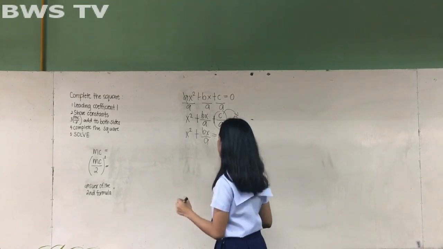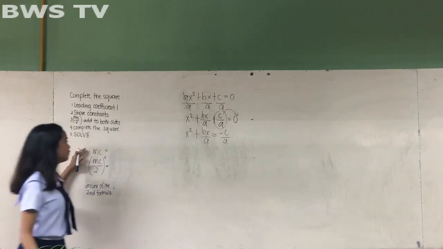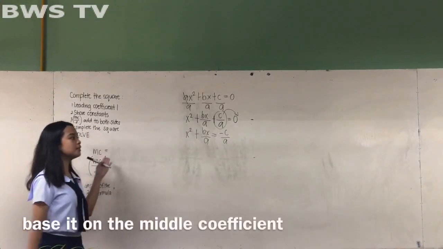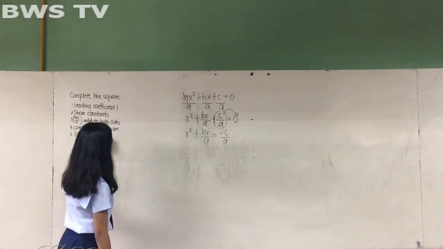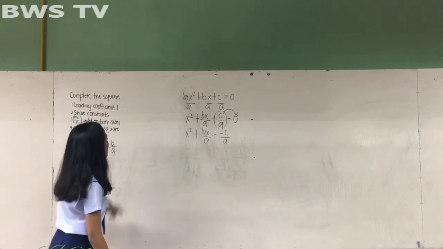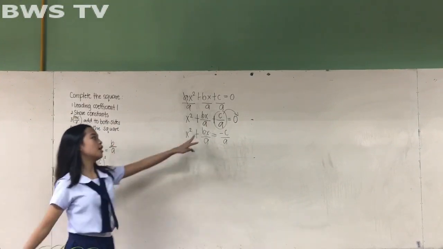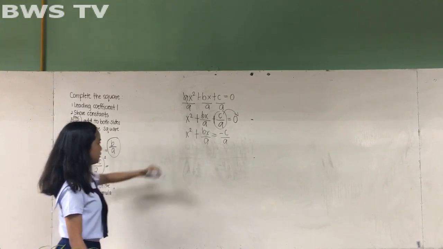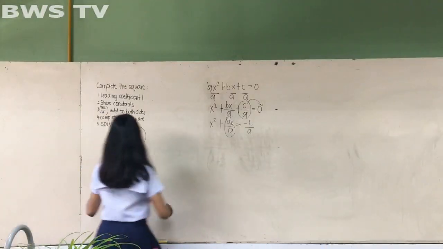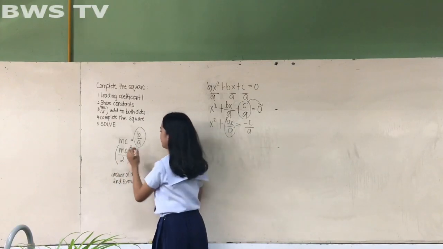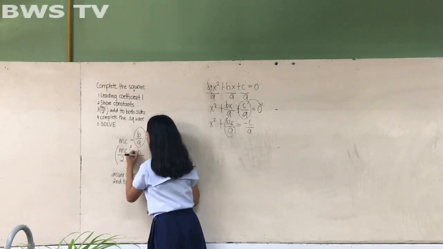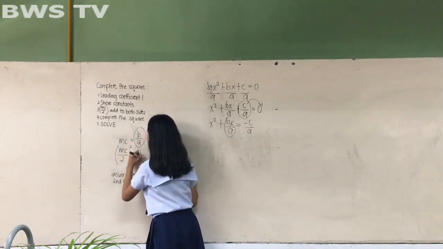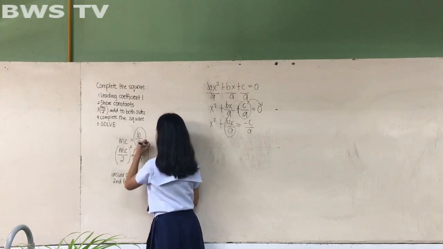After, we are going to go to this formula. We will base it on the middle coefficient, b over a. We will not write the x anymore. Next, we are going to base this formula, so it will become b over 2a squared.